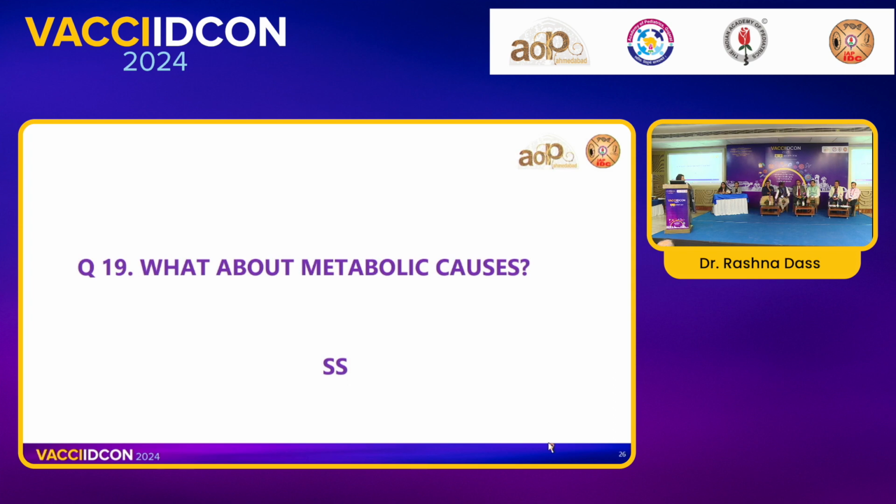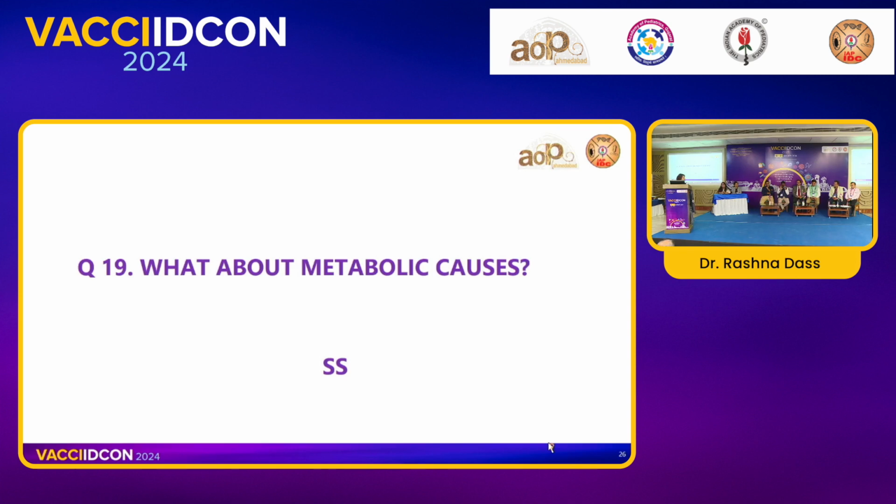So metabolic causes, Dr. Shiva Prasad. Yes, very important. Whenever the patient presents with recurrent encephalitis, and if you are not able to find any cause, especially in the early age group, infants, we should suspect a metabolic cause. We have to take the samples before starting the treatment and before stopping the feed.